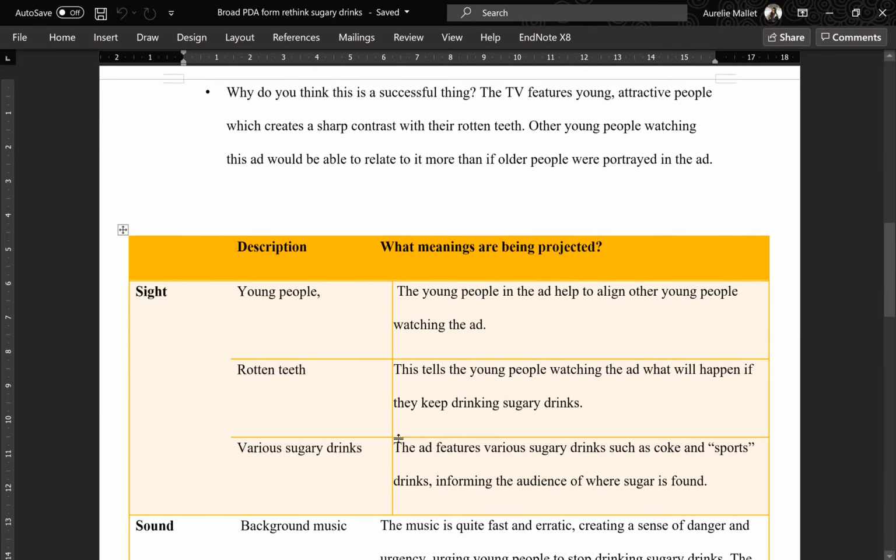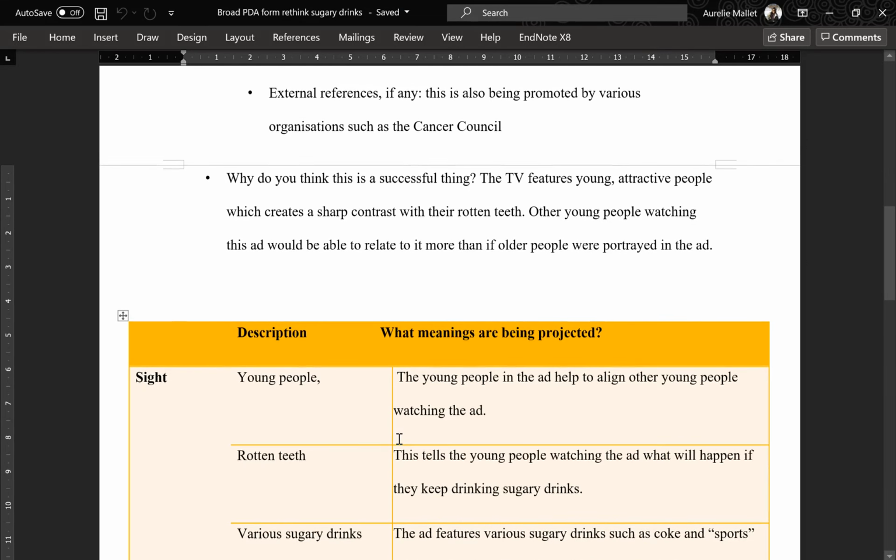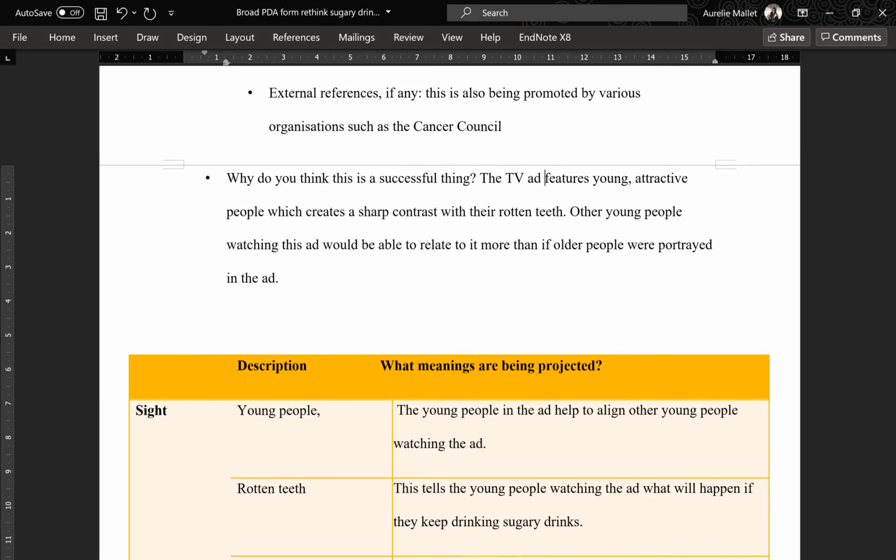So why is it successful? The TV ad features young and attractive people, and this creates a very sharp contrast to when they smile, which shows their rotten teeth.